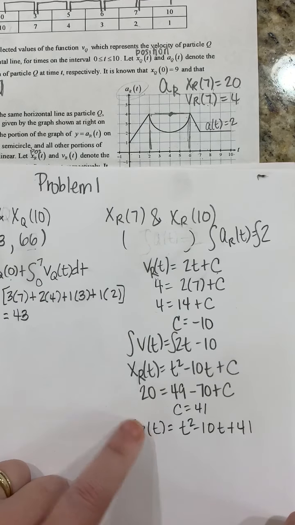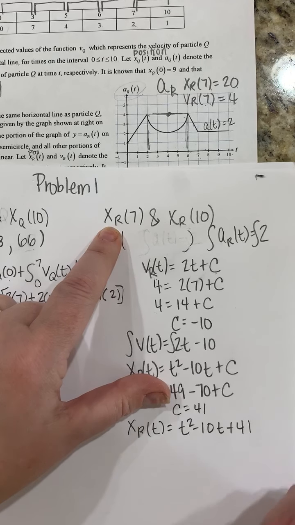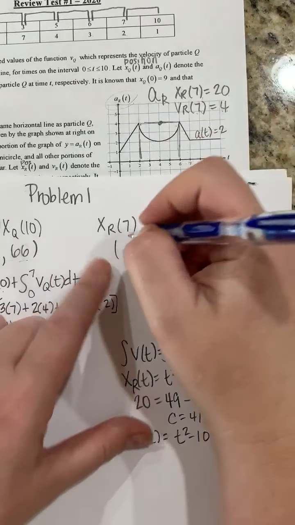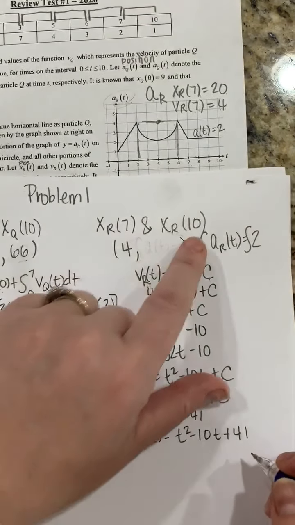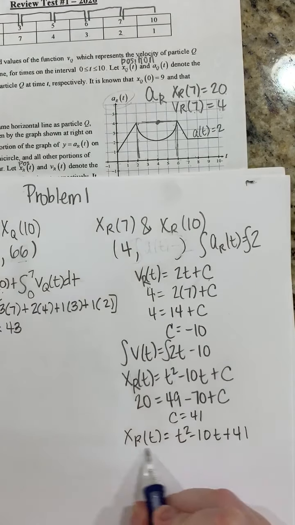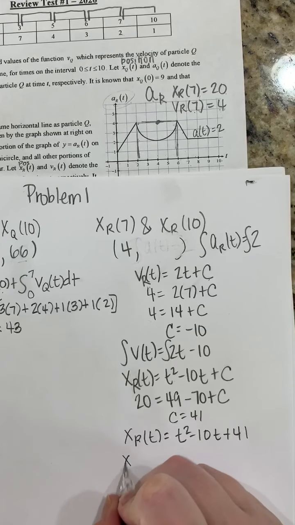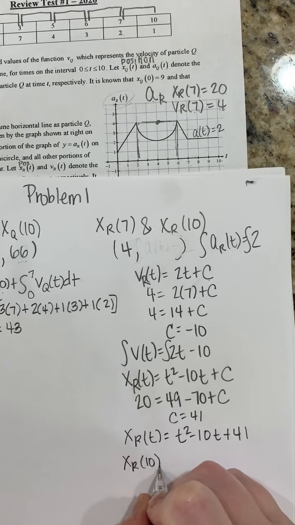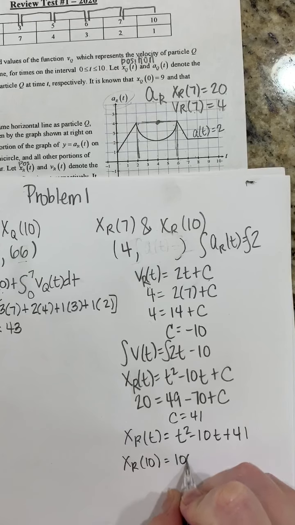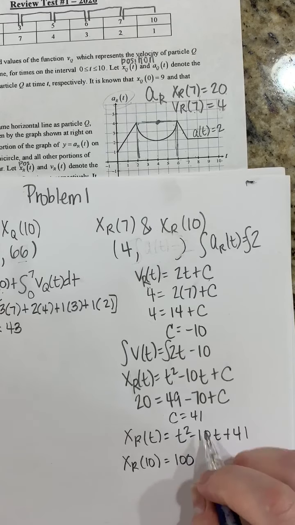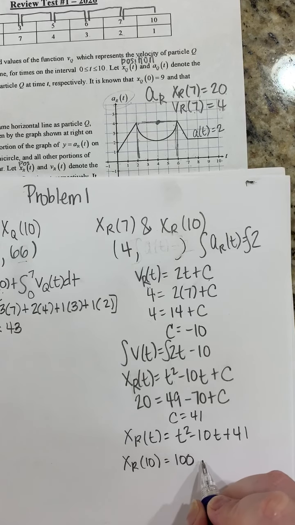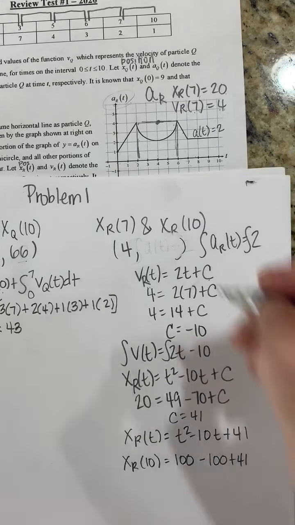So actually I know my position at 7, they told me. My position at time equals 7 was 4. Can I find my position at 10? Well, I have a position function here. So my position for R at time equals 10 is 100 minus 100 plus 41 is 41.